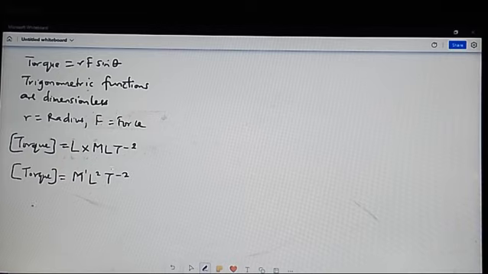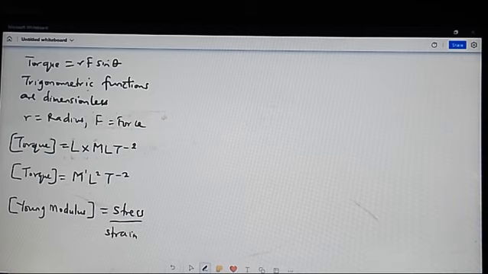Then we look at Young modulus, which we express as Y. We use Y to represent Young modulus. Subsequently, it is expressed as stress all over strain. Stress has the same dimension as pressure.